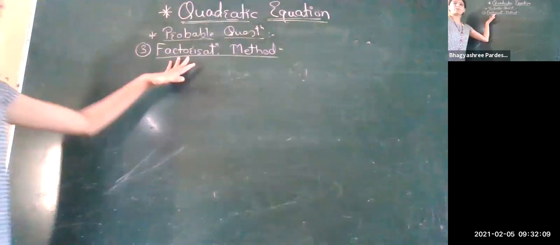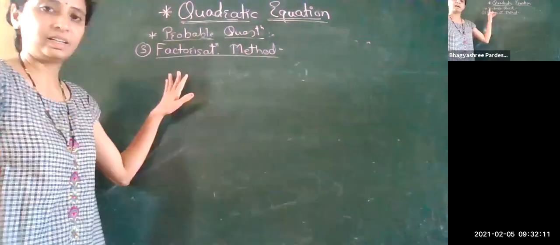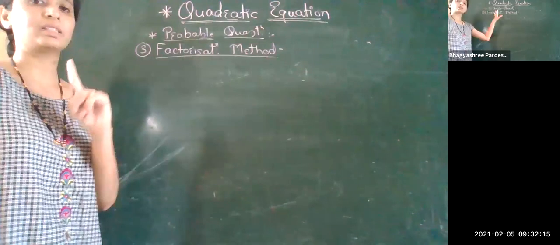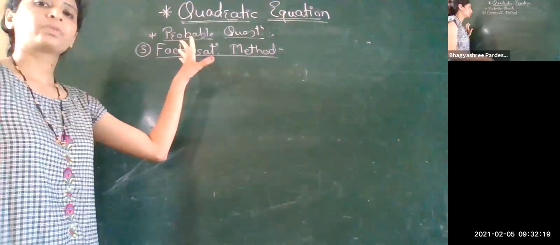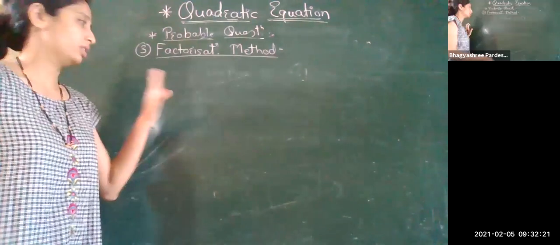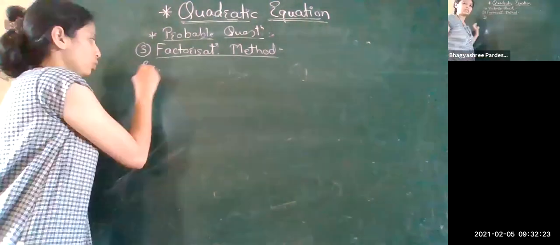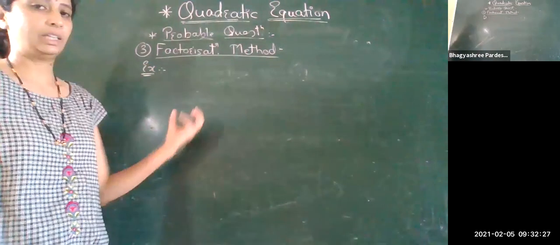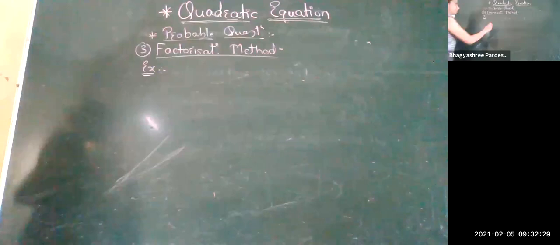Again, this factorization sometimes can be asked for 1 mark also, or for 2 marks also. Obviously, whatever equation will be given to us, this is of the easiest type. So here we are going to quickly see what this factorization method is, with the help of an example.